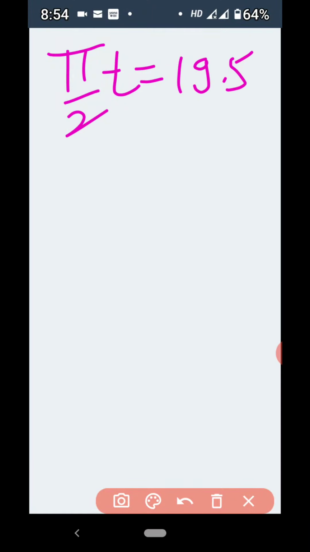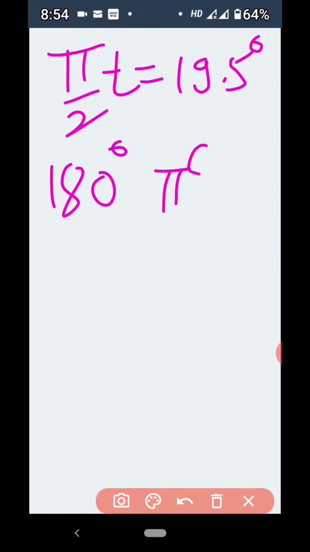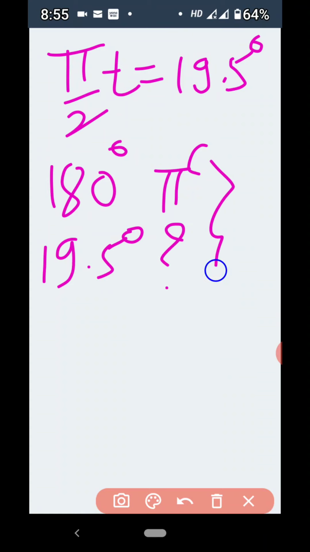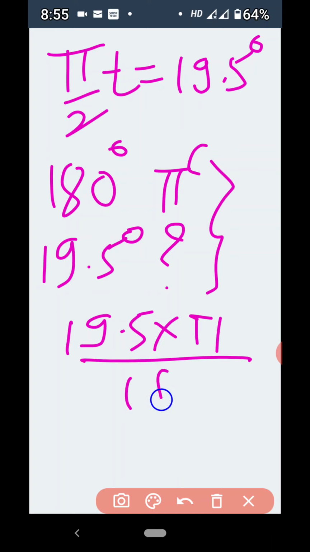So pi by 2 into t is equal to 19.5 degree. Now this degree is to be converted in radian. How is it to be converted? We know that 180 degree means pi radian. So 19.5 degree means how much radian? Just cross multiply with each other: 19.5 into pi divided by 180.